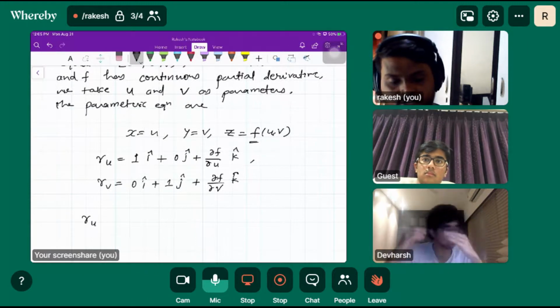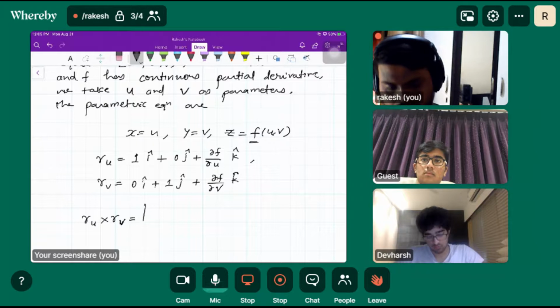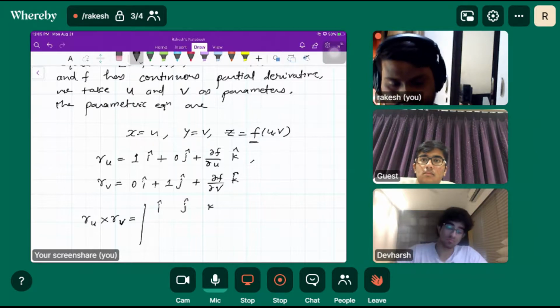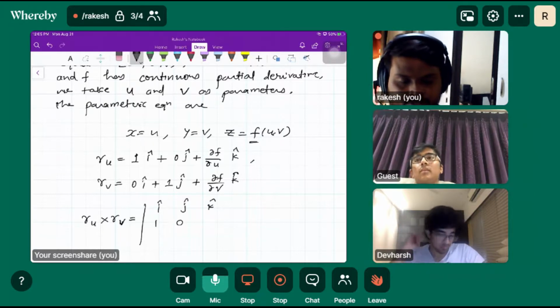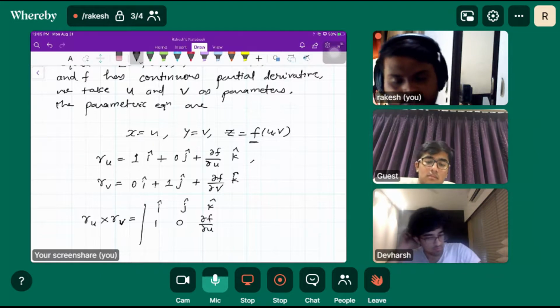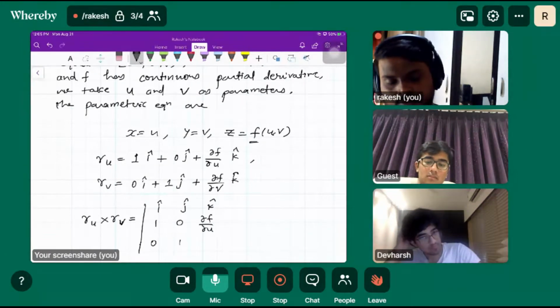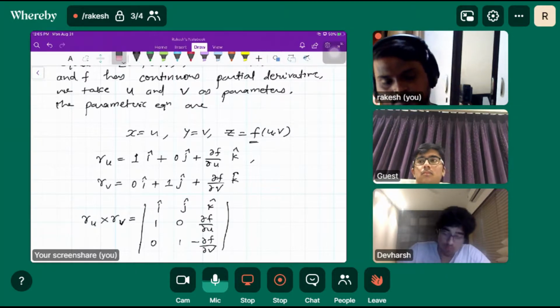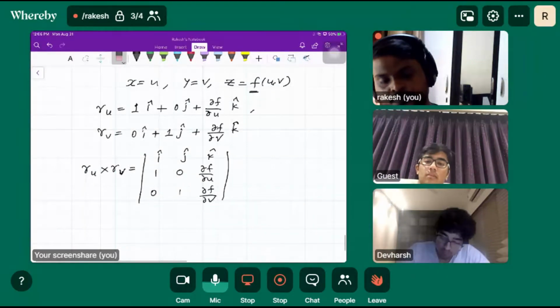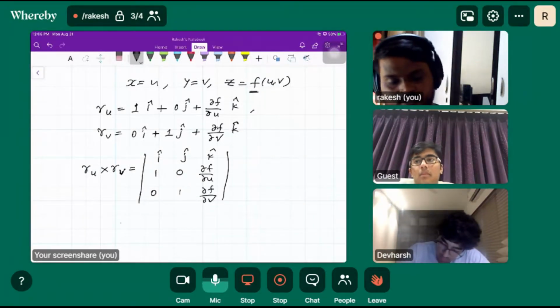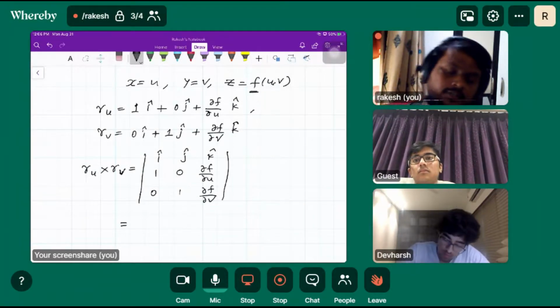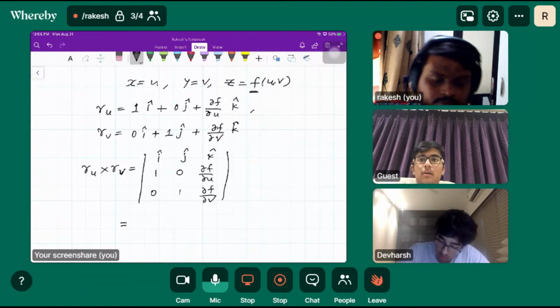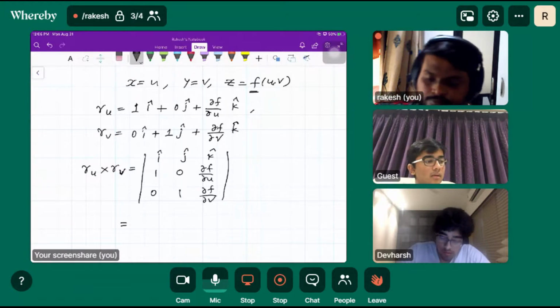So now we'll find the cross product r_u cross r_v. i, j, k; 1, 0, del f upon del u; 0, 1, del f upon del v. Will you be able to find this? Let me know the answer.